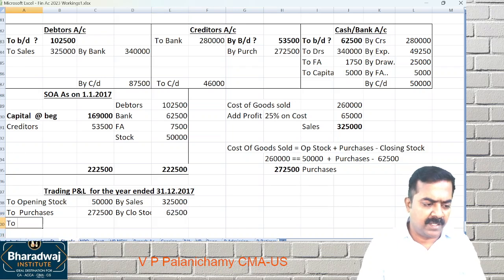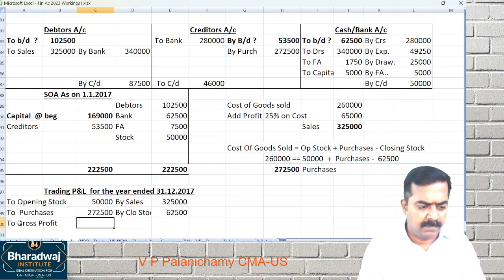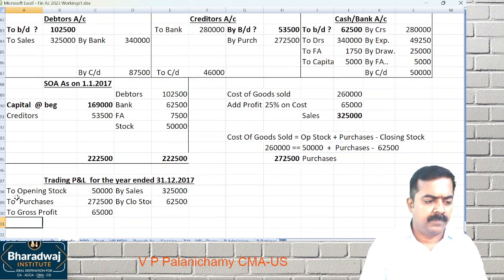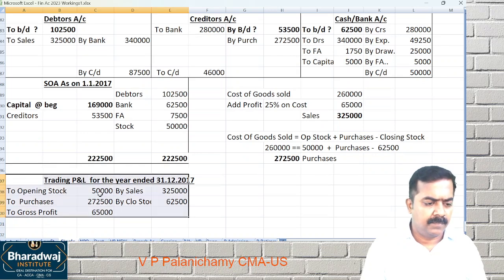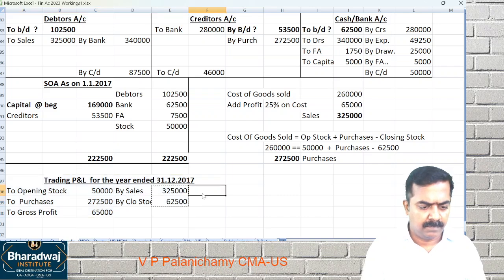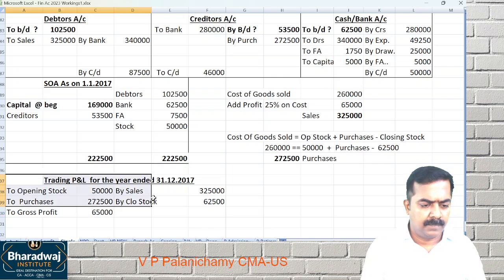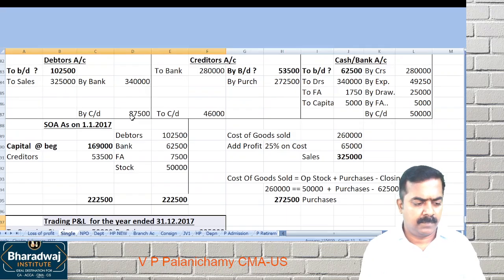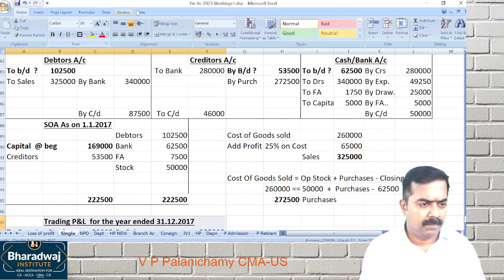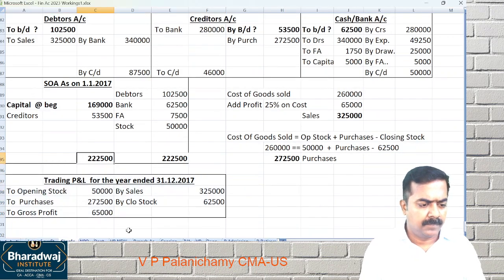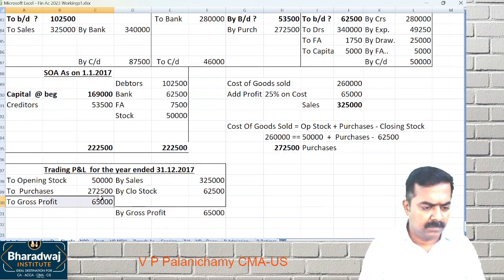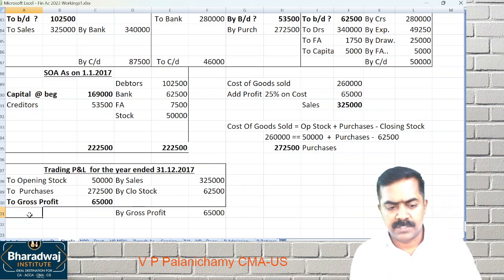Tally this. You will get the gross profit and the same gross profit. Then continue with P&L account. What are the expenses we need to charge?